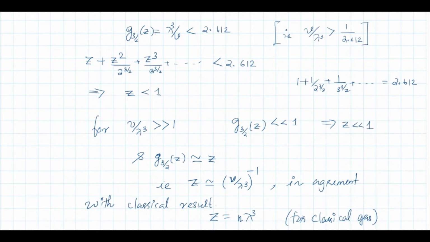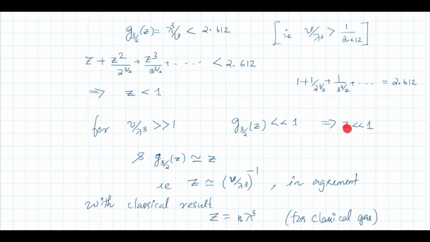Now, the third region, V by lambda cube greater than 1. When the value of V by lambda cube is greater than 1, from this equation, we can say that G 3 by 2 Z is less than 1. G 3 by 2 Z, that is this infinite sum, is less than 1, which implies Z should be less than 1.